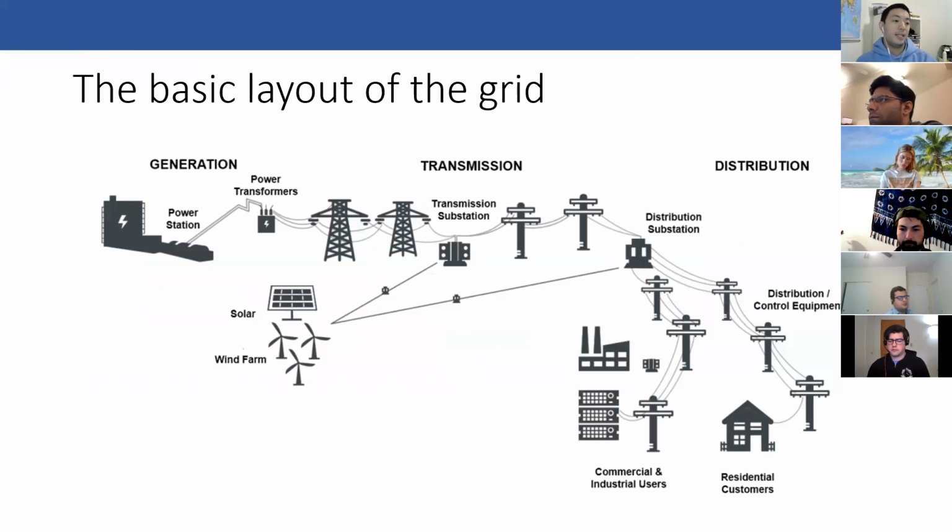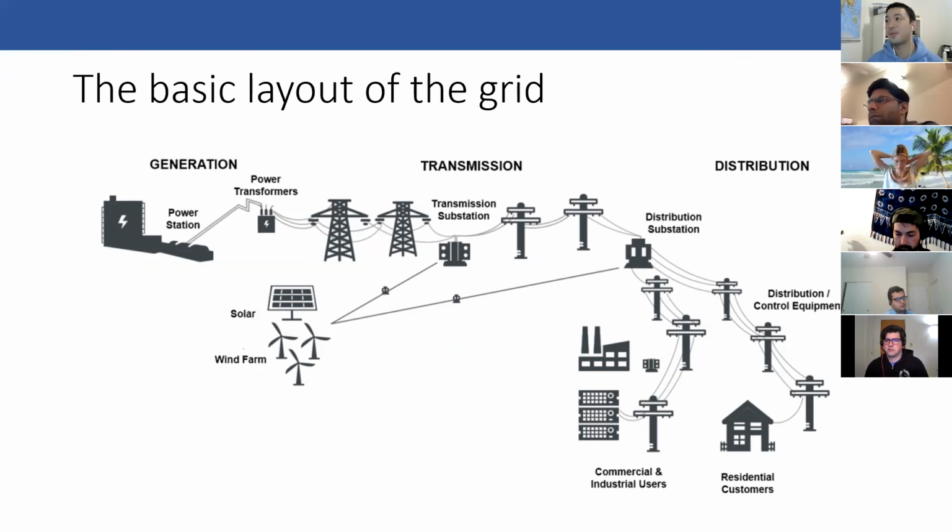Okay. So, basic layout of the grid. You've got your power generators, and so how does the electricity actually get to your home? The basic layout looks something like this. From the power station, you go through a transmission and distribution system.